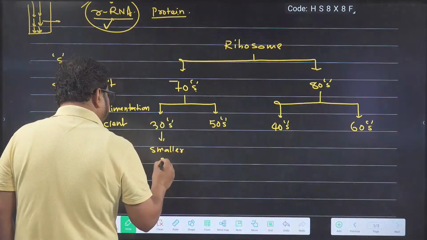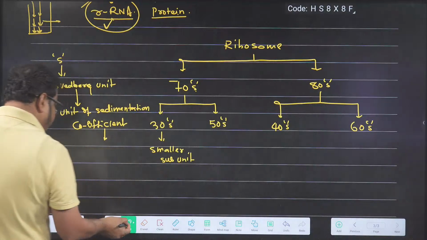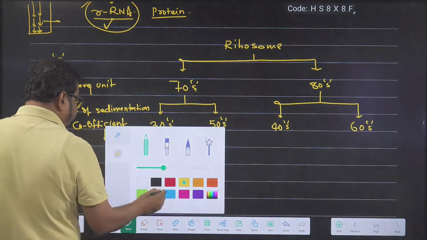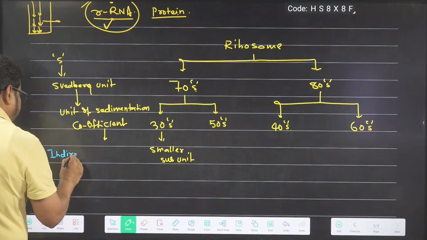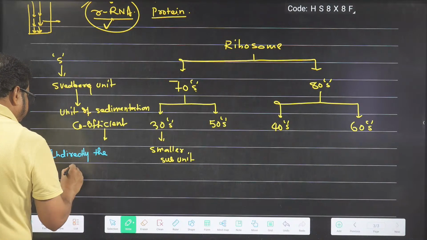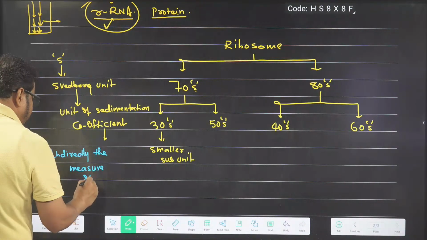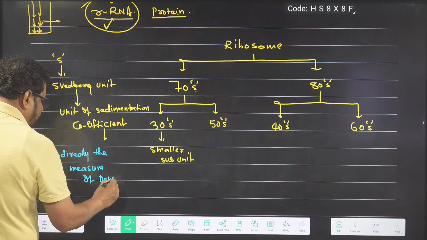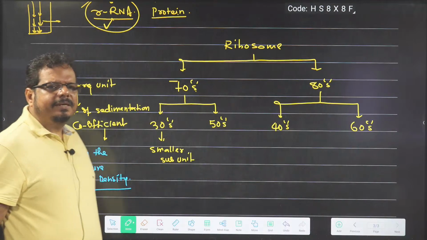NCERT wrote that sedimentation coefficient is indirectly a measure of density. Density decides the rate of settling down, right?